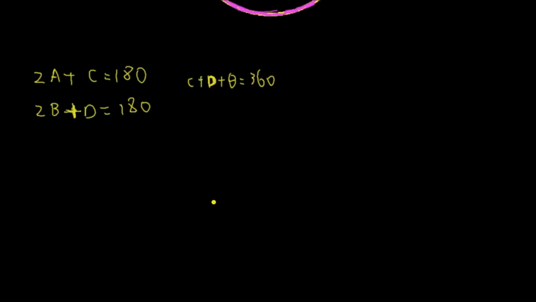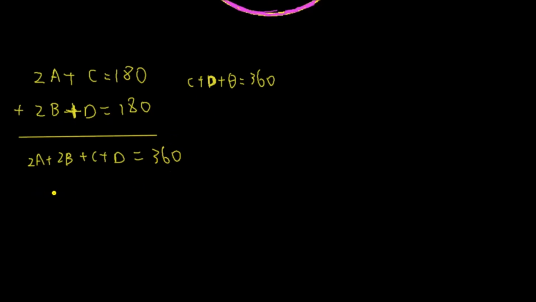Okay, so what happened now is, let me add these two equations up. So 2A plus 2B is 2A plus 2B, C plus D is C plus D, equals to the right side, 180 plus 180 is 360. We have this equation here.